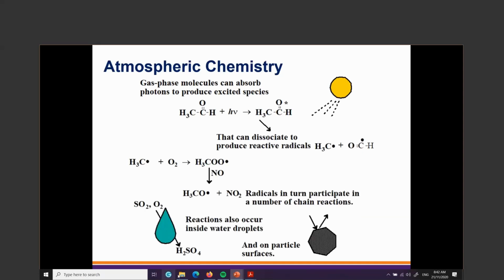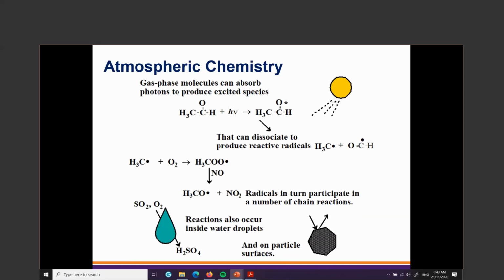We can also have acid rain, where sulfur dioxide reacts with water to produce sulfuric acid. In the air we do not only have gases, but we can also have particles. So reactions can also occur on the surface of the particles, what we call particulate matter.